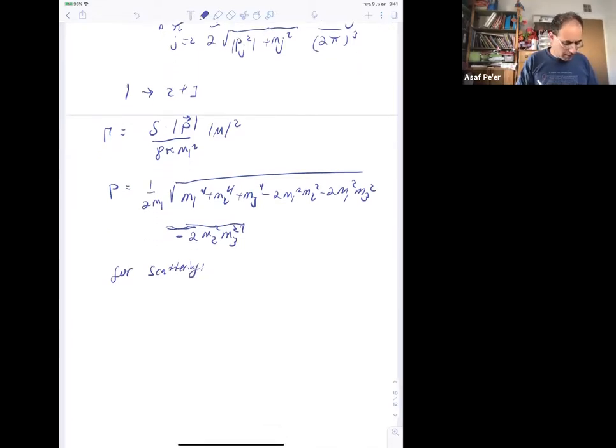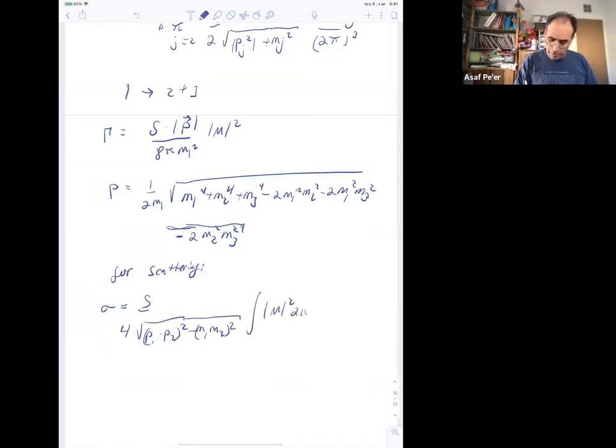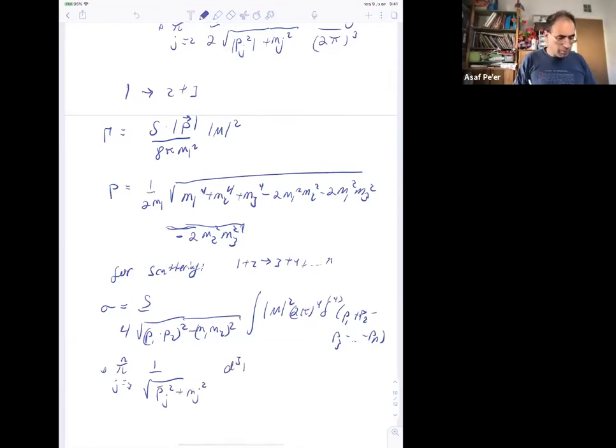Sigma is S over 4 square root of (p1·p2)² minus m1² m2², times the integral of |M|² (2π)⁴ δ⁴(p1 + p2 − p3 − ... − pn). So this is a scattering process 1 plus 2 going to 3 plus 4 up to n, multiplied by the product over j from 3 to n of 1 over 2 square root of pj² plus mj², d³pj over (2π)³.